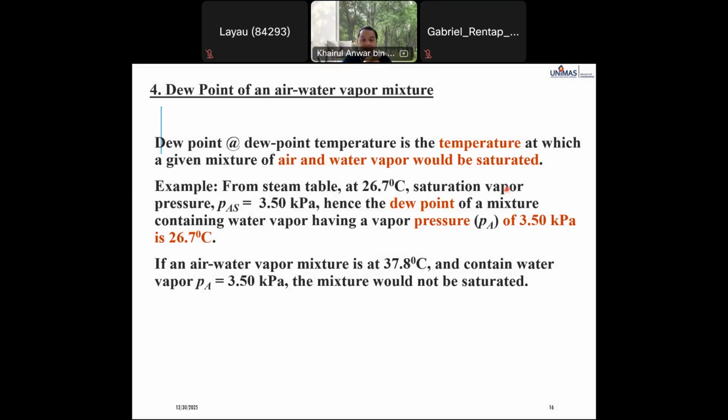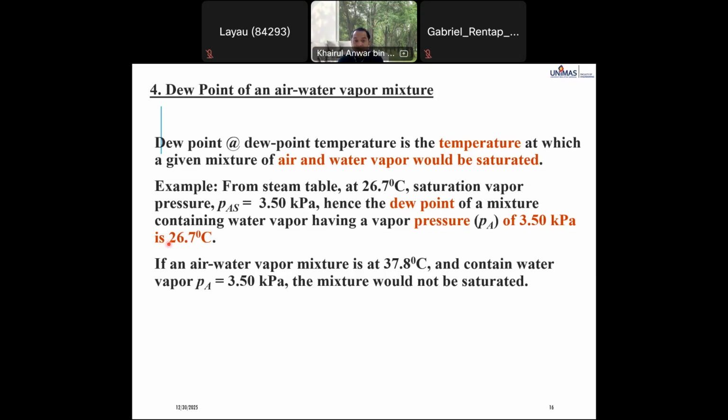Dew point of an air-water vapor mixture. The dew point or dew point temperature is the temperature at which a given mixture of air and water vapor would be saturated. For example, from the steam table at 26.7 degrees C, the saturation vapor pressure is equal to 3.5 kilopascal.